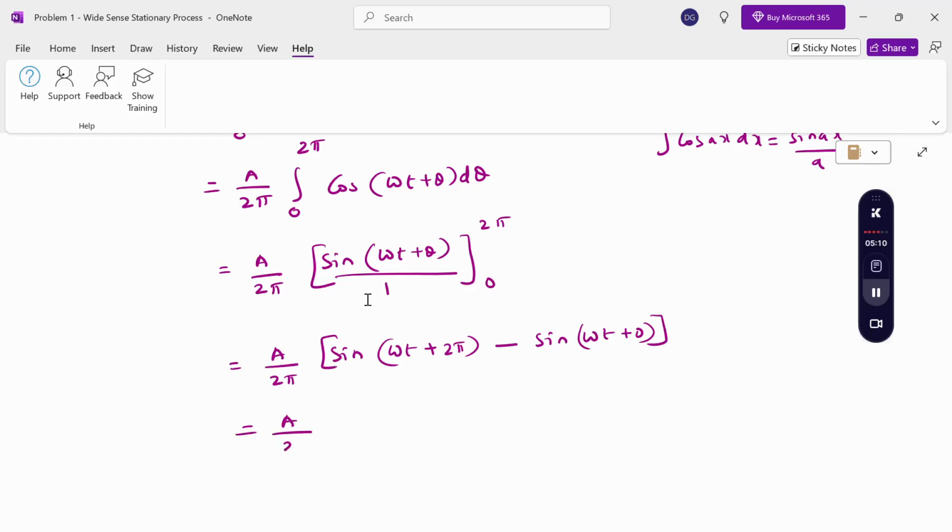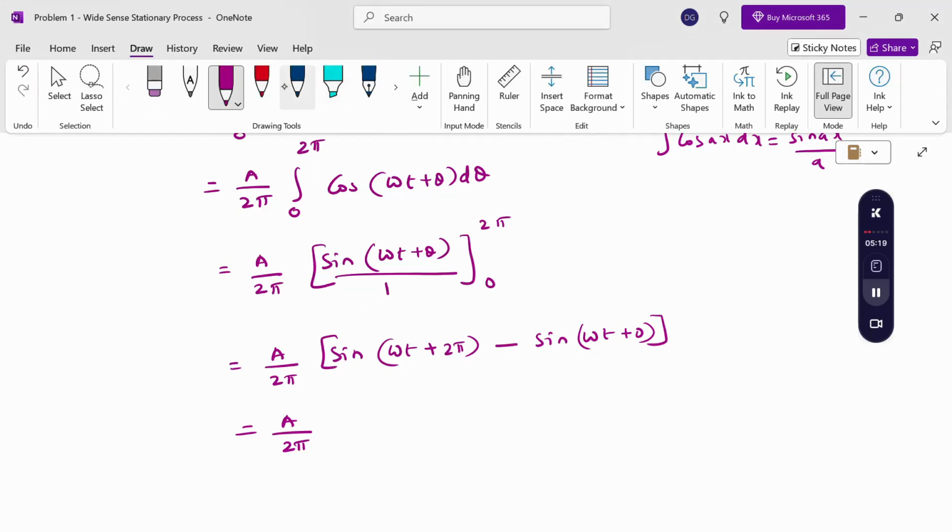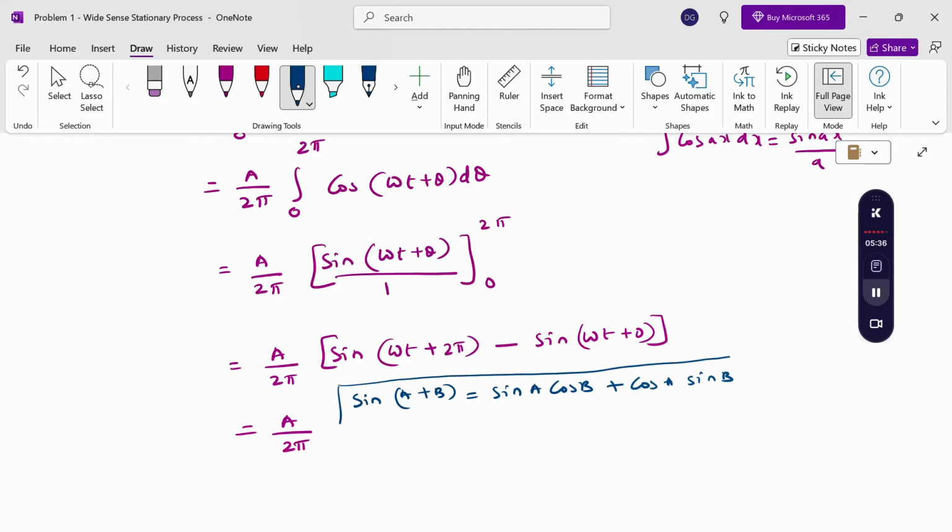Therefore, A/2π. Now, to expand this, use the sin(a + b) formula. What is sin(a + b)? It is sin a cos b + cos a sin b. So this is the formula.